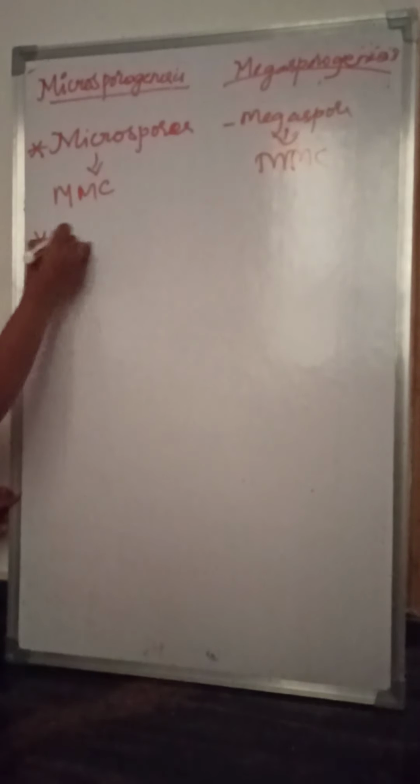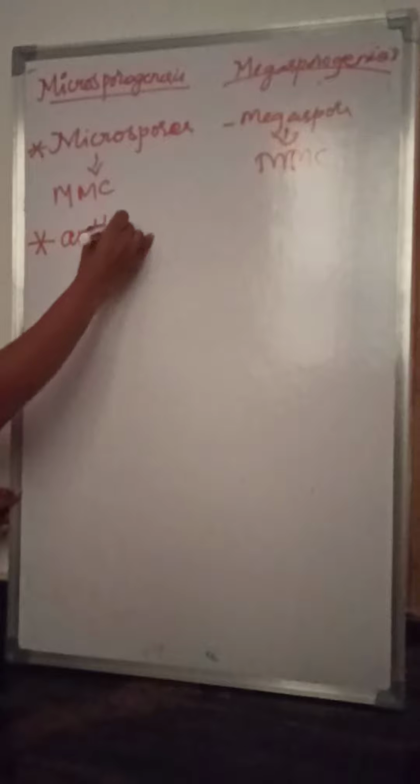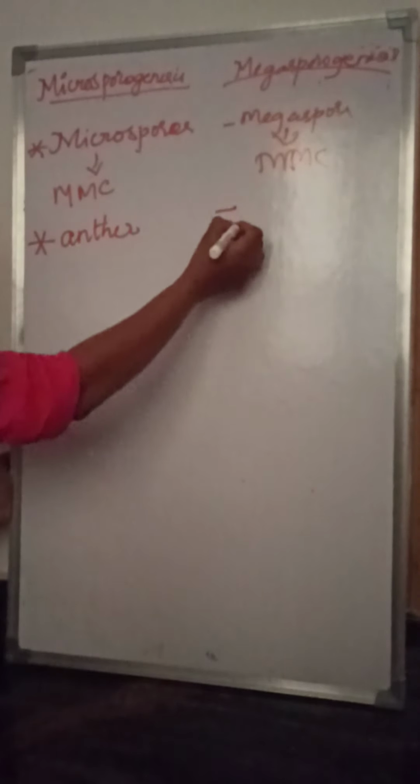Microsporogenesis occurs in the anther, in the male gametophyte, whereas megasporogenesis occurs in the ovule. Here you can see many microspore mother cells are differentiated.